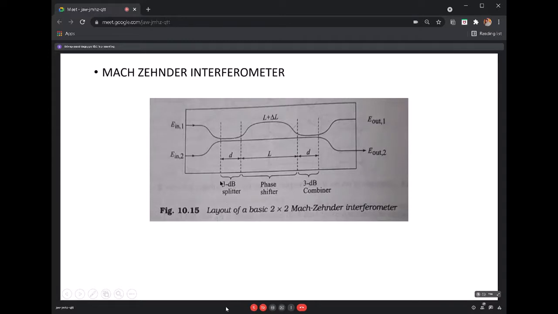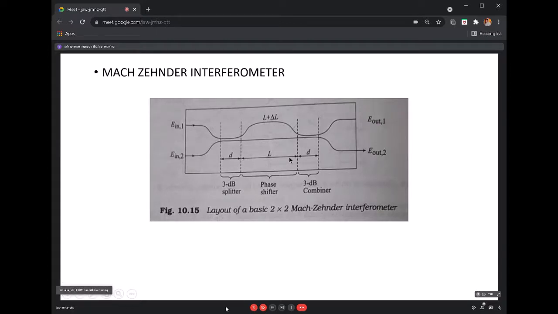What is its function? It is going to split the input signal. It also has a central section, a phase shifter, where the length is L in one arm, for example, and D in the other.